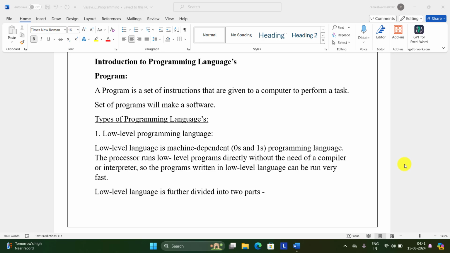So at the end of the day, computers can only understand zeros and ones. But zeros and ones we can call them as binary language or low-level programming language. But in low-level programming language, we have to convert everything in binary and we have to write the code.